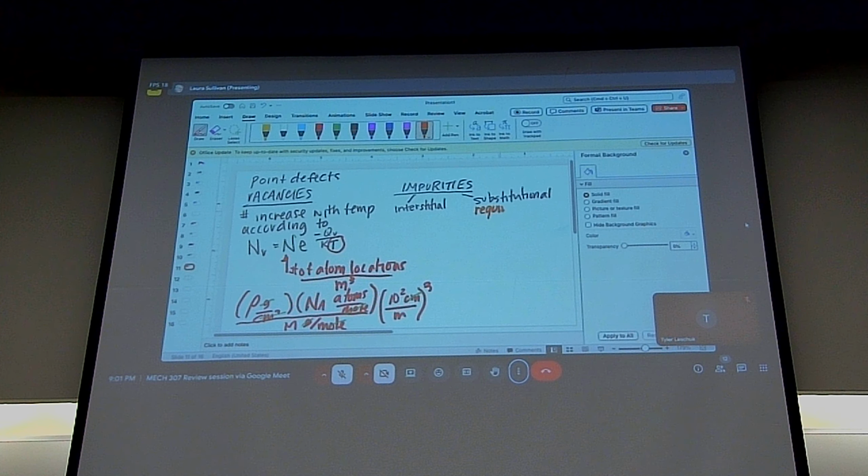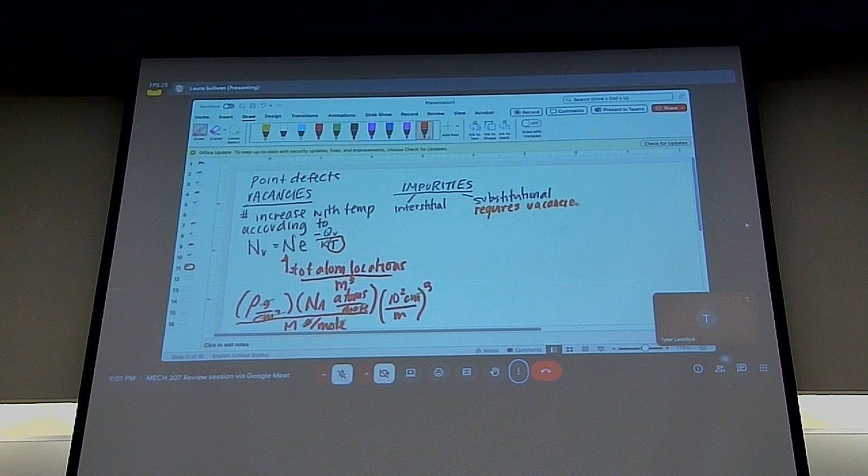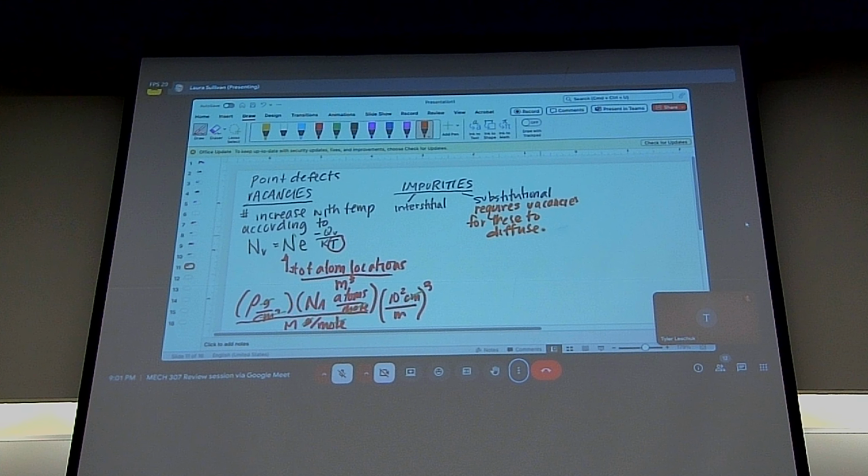In order for diffusion of substitutional impurity, we need to have vacancies in order for the substitutional impurities to diffuse.